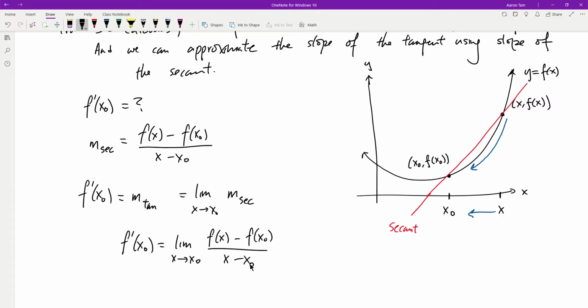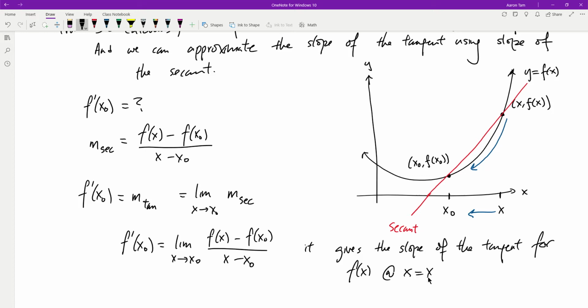So this definition right here, this expression, gives the slope of the tangent for the function f of x at the point x sub 0, at x equal to x sub 0.